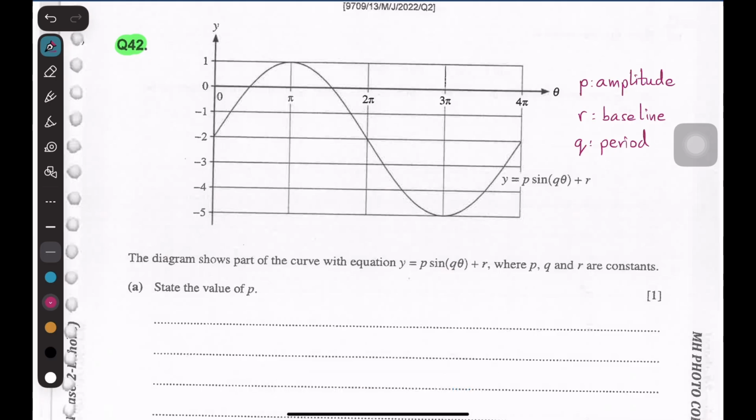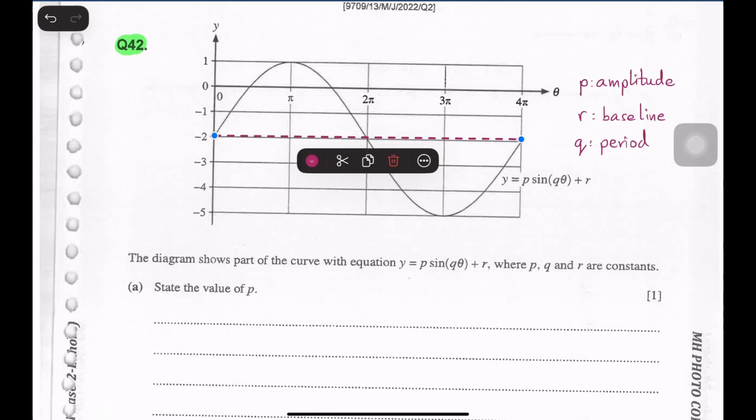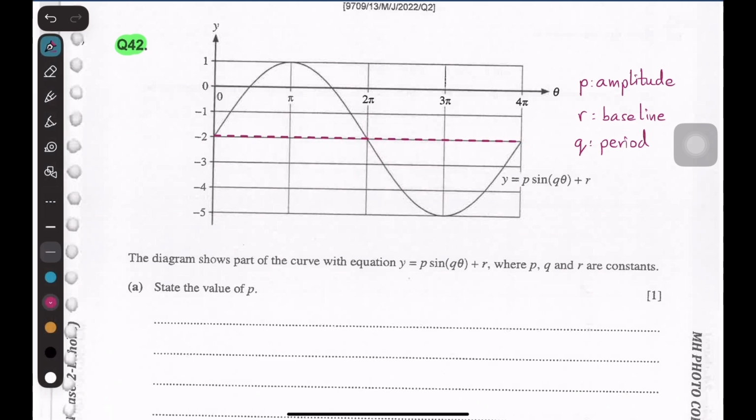The baseline for this graph that they've drawn over here is going to be this line. Around this line we can see that the sine graph is being formed, right? If you're aware of the shape of a sine graph, you'll understand what I'm trying to say over here. So this is our baseline, and what is amplitude?